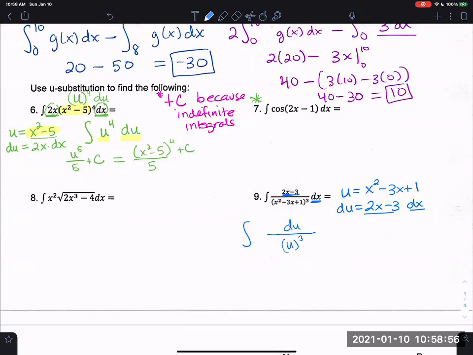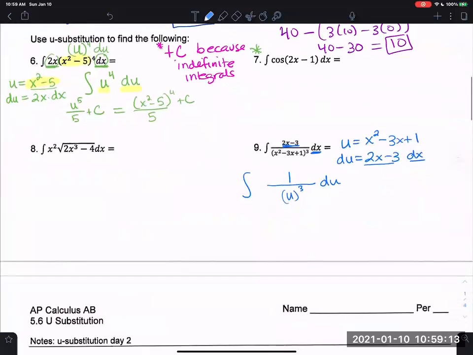But I think what we're most used to seeing is the du or the dx or whatever it is off to the side. So I'm going to go with my original one here, du there. Okay. That's our rewrite.